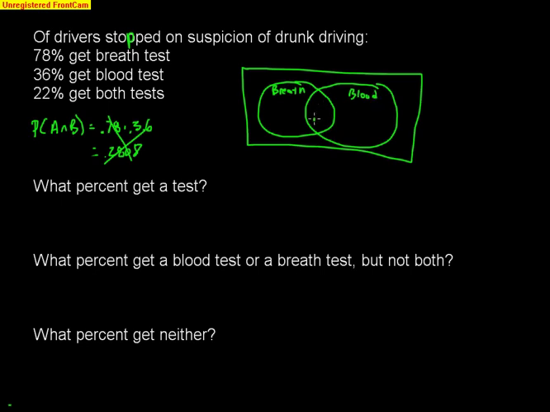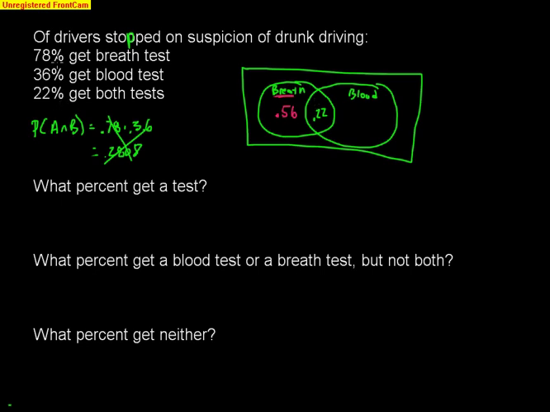This part over here, this crescent moon, is only breath, not blood. The entire circle for breath is 0.78. So if I subtract away the 0.22, this part of the breath circle is 0.56. That is only breath, not blood. So the entire breath circle adds up to the 0.78, okay?